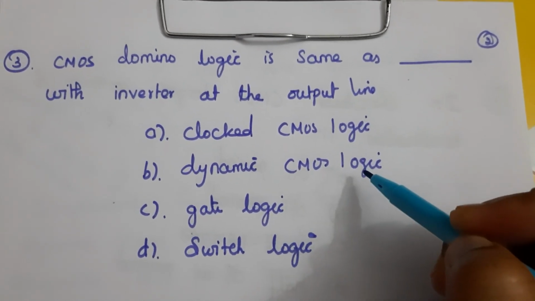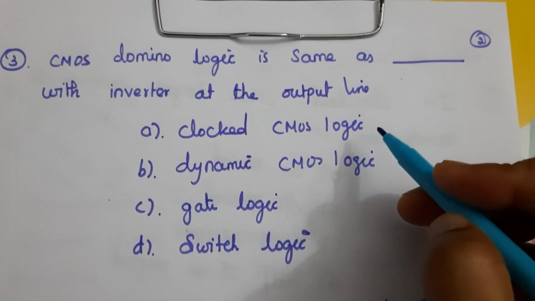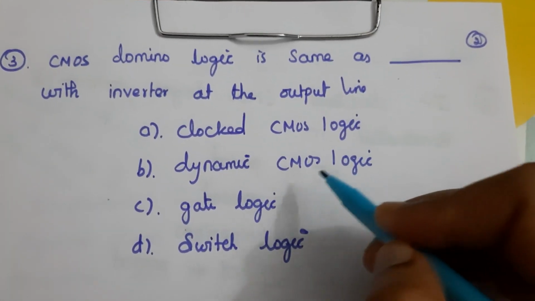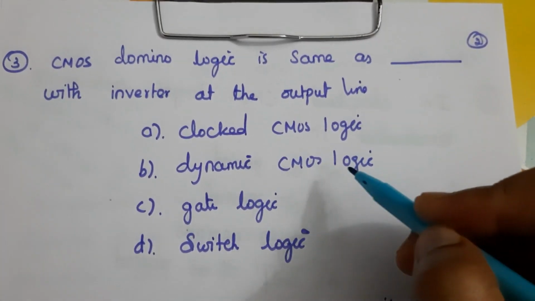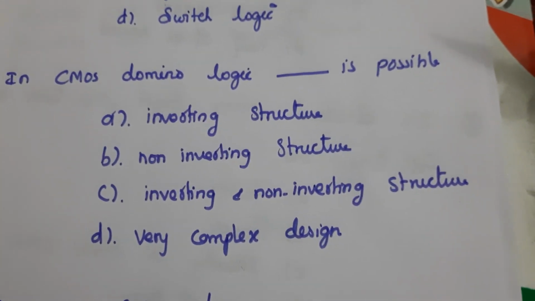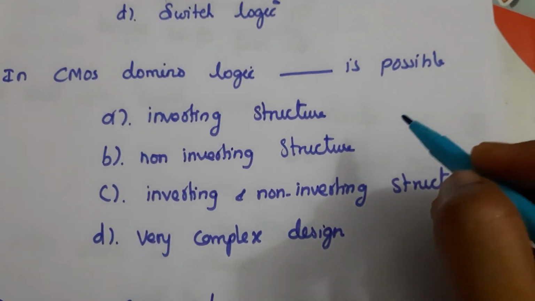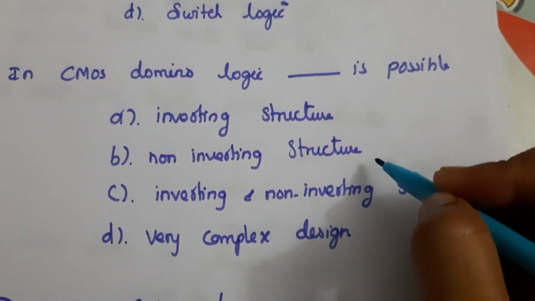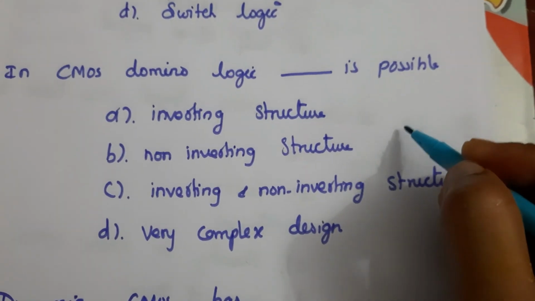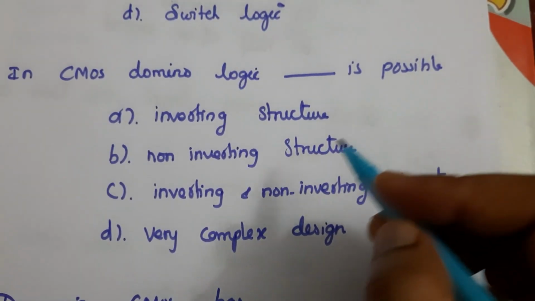So this is not added to the static CMOS logic; we add the inverter to the dynamic CMOS logic. So here the answer is B. Next question: in CMOS domino logic, a non-inverting structure is possible. We get a non-inverting output by adding the inverter at the output side. So here the answer is B.